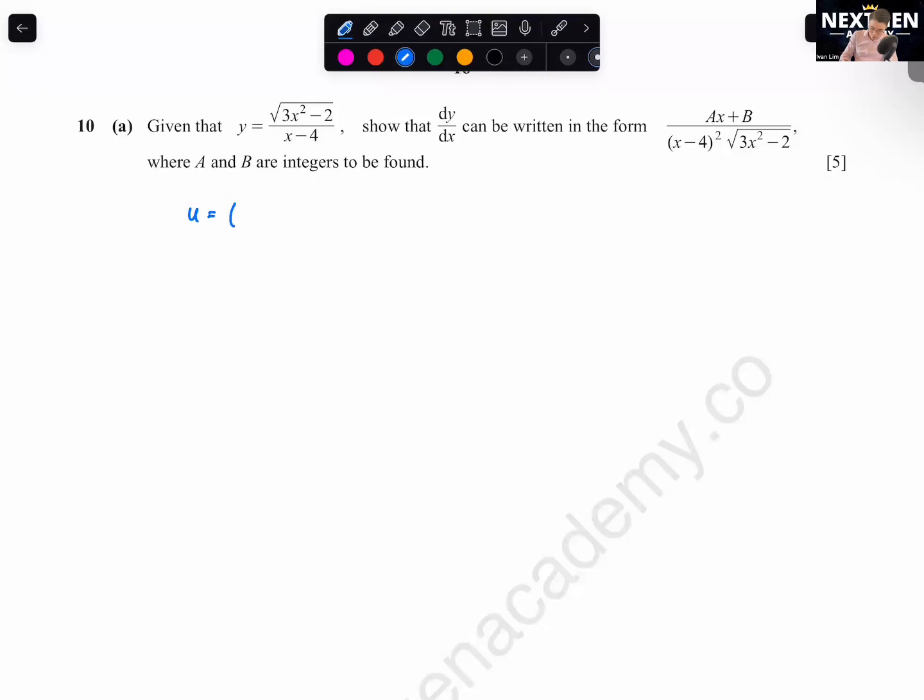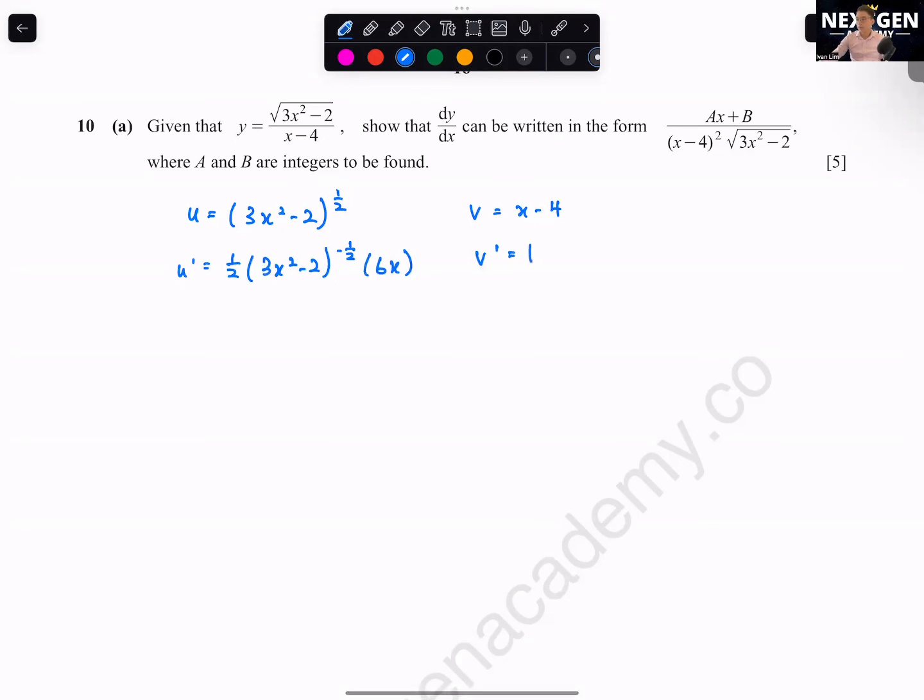So here u equals (3x squared minus 2) power 1/2. v equals x minus 4. u prime equals 1/2 (3x squared minus 2) power negative 1/2 times 6x. v prime equals 1. Okay, I'm going to start with v u prime. So dy over dx is (x minus 4) times 1/2.